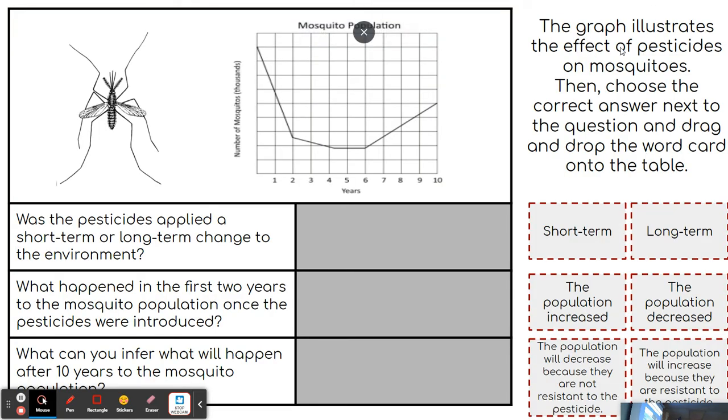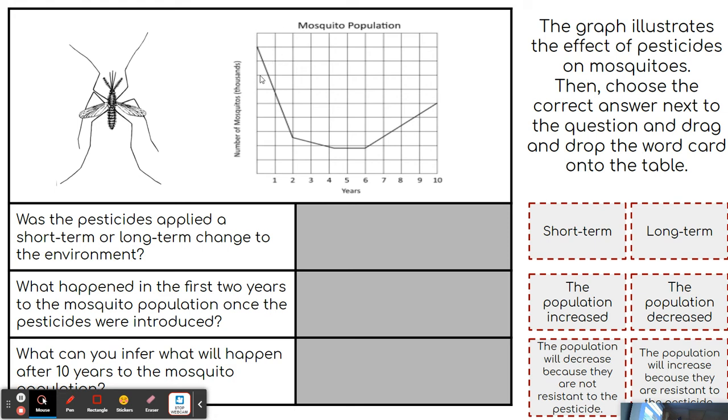The graph illustrates the effect of pesticides on mosquitoes. Then choose the correct answer next to the question and drag and drop the word card onto the table. So here we have the number of years, 10, and the number of mosquitoes in thousands.